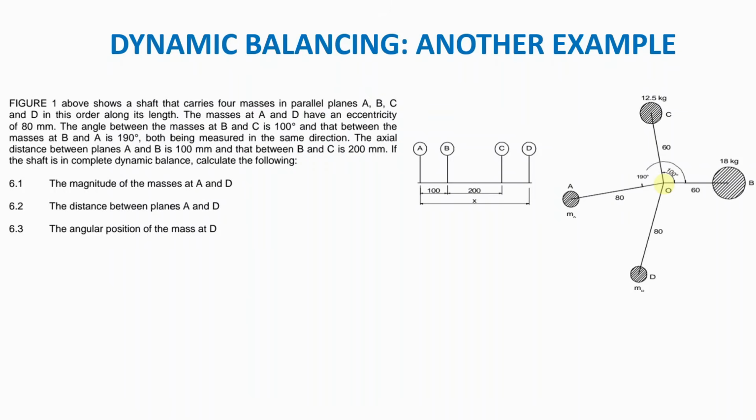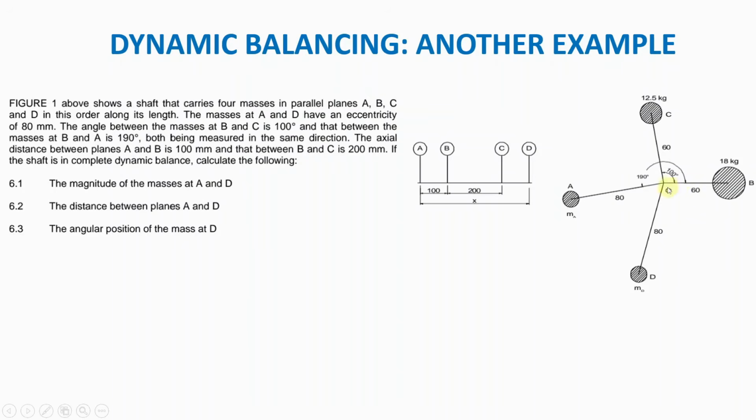And so now the eccentricity is the radial distance from the shaft to the center of gravity of the mass. So in this case, A and D have an eccentricity of 80 millimeters. And if you look at B and C, you will see their eccentricity is 60 millimeters. That is the radial distance from the center of the shaft to the center of gravity of the mass. That is what is referred to as the eccentricity.